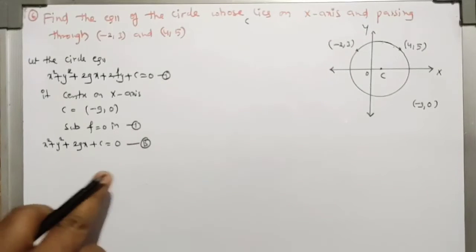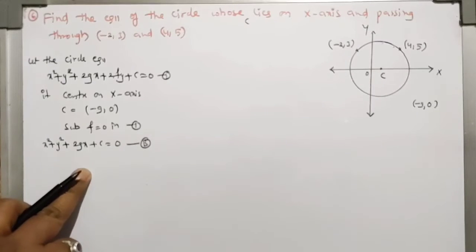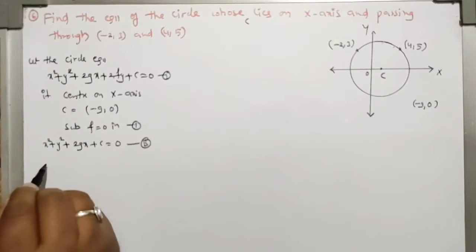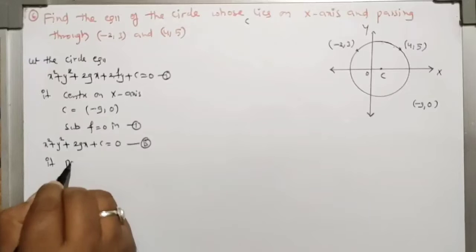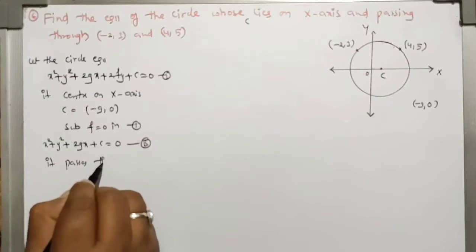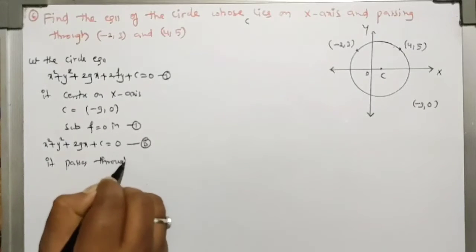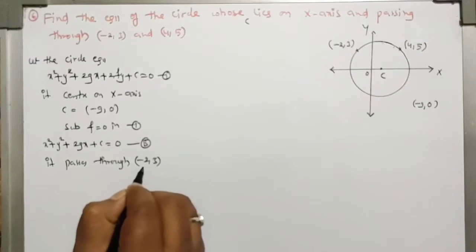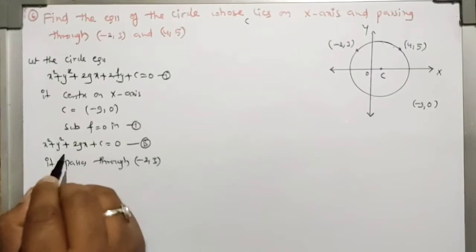Now this equation passes through the points minus 2 comma 3 and 4 comma 5. Therefore it passes through minus 2 comma 3, so substitute its values in the equation.